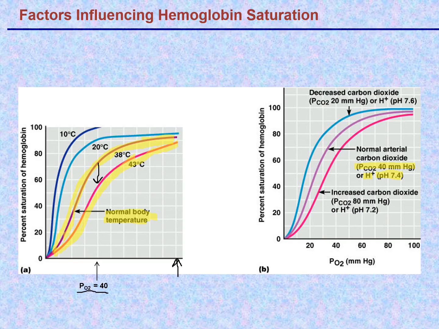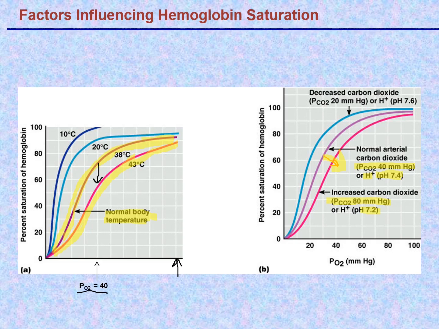If the tissue is particularly active, remember, tissue PCO2 is normally at rest, say 45, but it could go up quite a bit, also causing the pH to drop, and that causes a shift in the curve towards the lower right. And so more oxygen is being released as the affinity curve changes.